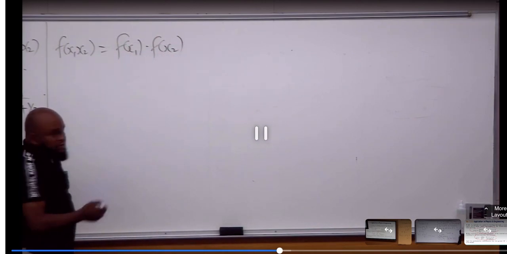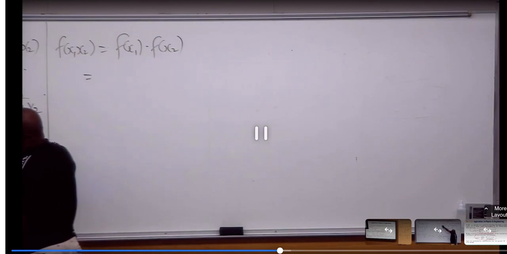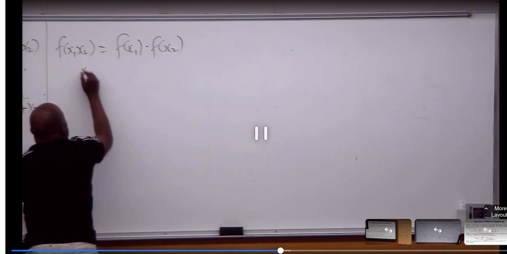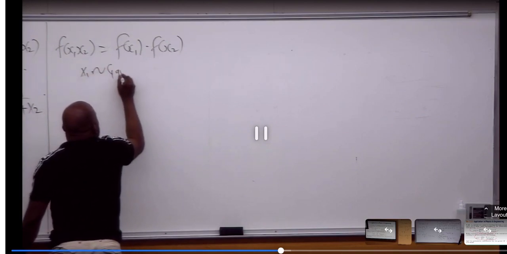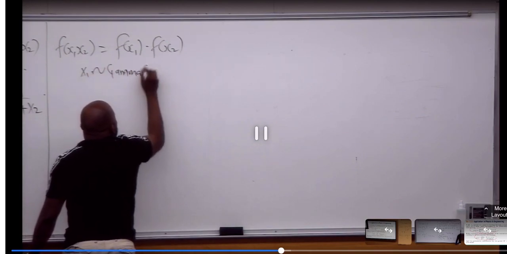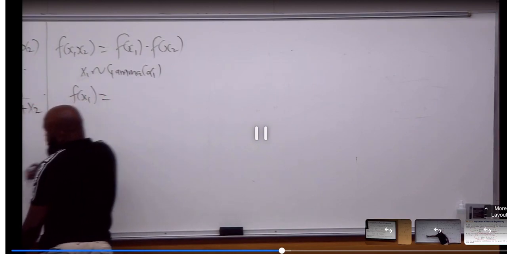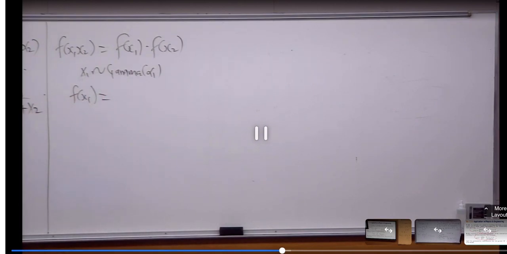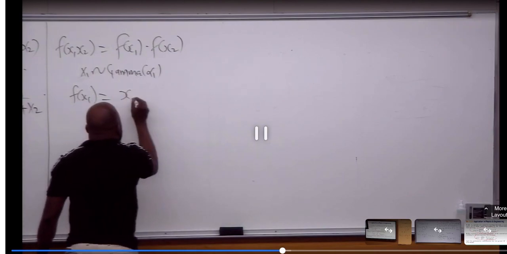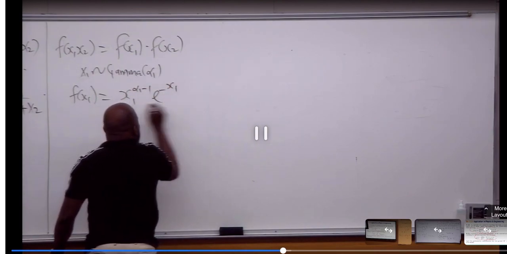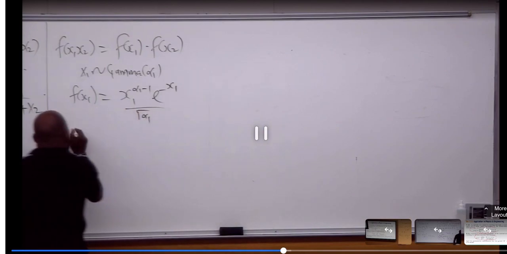When x1 follows gamma with parameter alpha 1, f of x1 is going to be x1 to the power alpha 1 minus 1, exponential raised to the power of this, over gamma alpha 1.